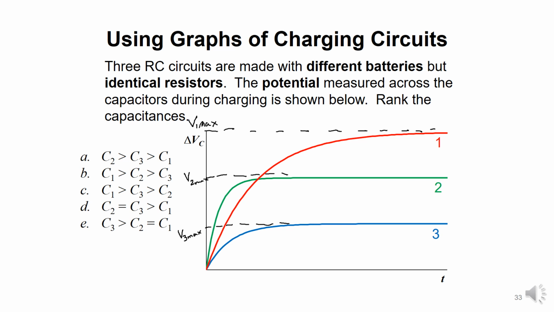So let's use a different color again. I guess use purple. And let's try to mark 63% for each of the voltages. So for V1, 63% is going to be somewhere over here. I guess it's kind of hard to draw.